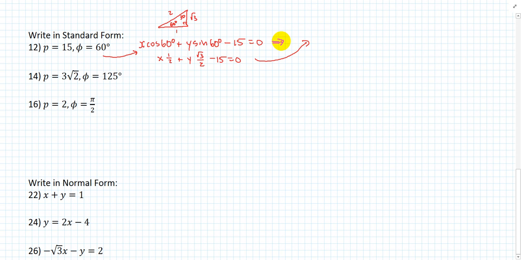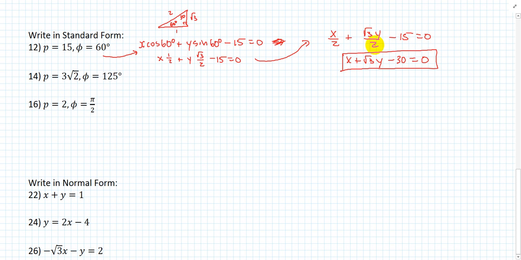So I'll put this up over here so that I can say x over 2 plus root 3 y over 2 minus 15 equals 0. And if you want to clear your fractions, you could write x plus root 3 y minus 30 equals 0. And that's all you had to do.